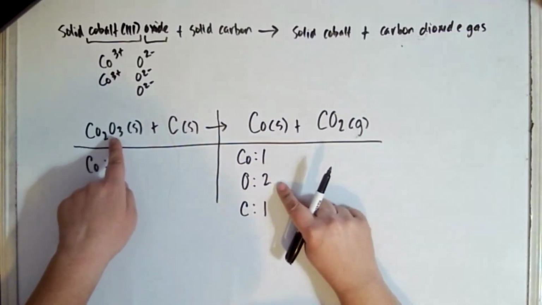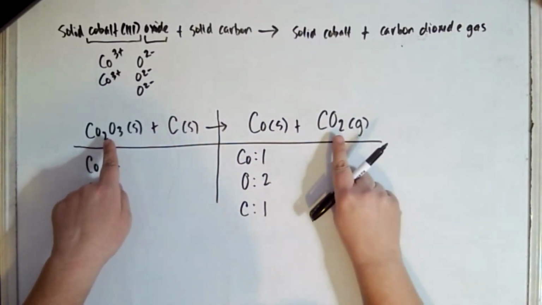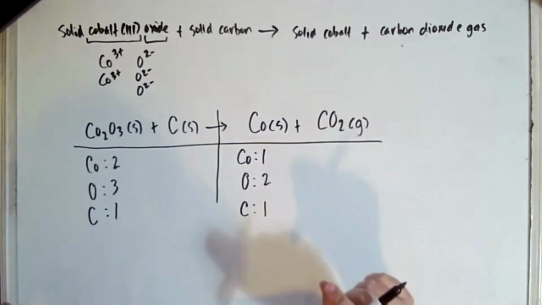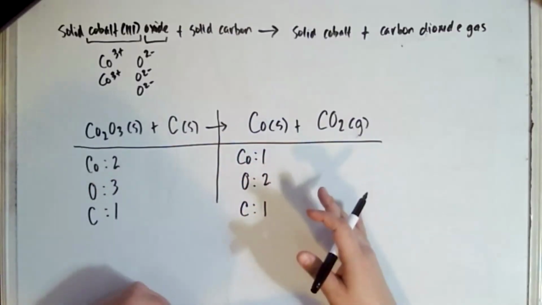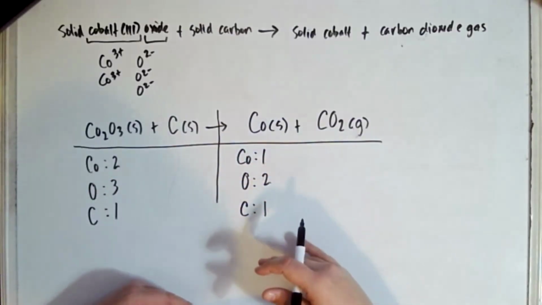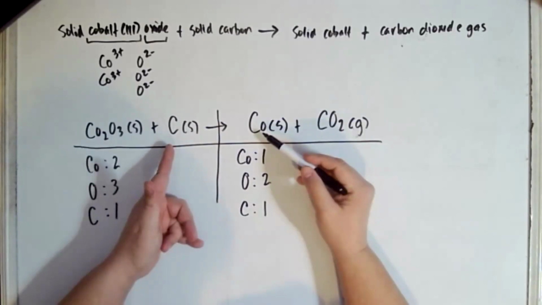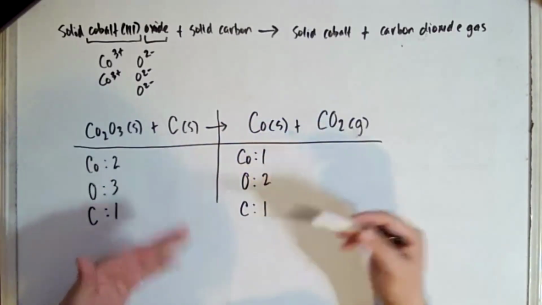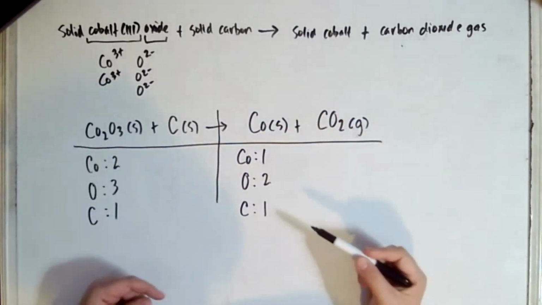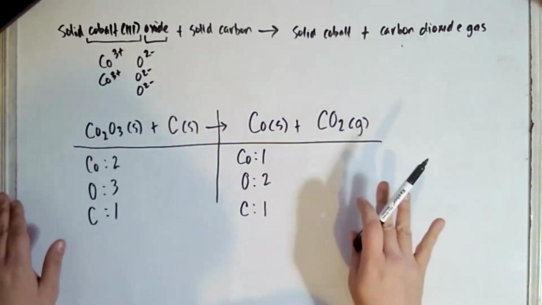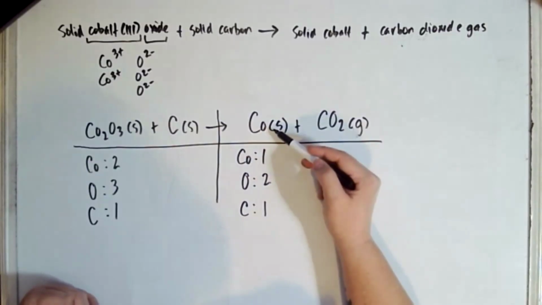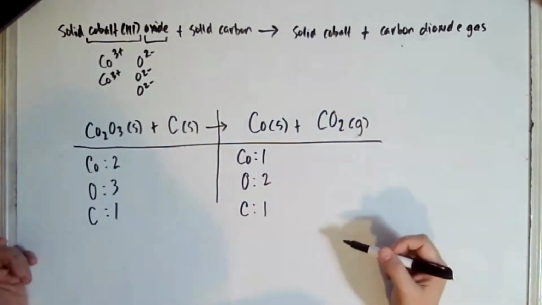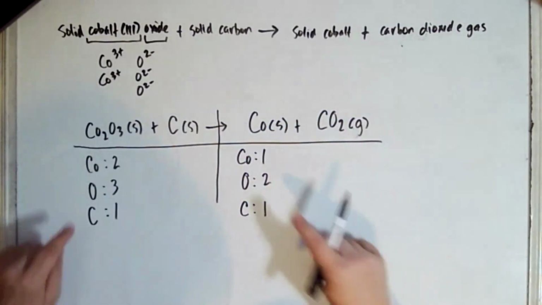Our oxygen is part of a compound here, and it's part of a compound here. So we're going to balance our oxygen first, and then we're going to balance the carbon and the cobalt second, because any change we make to the carbon and the cobalt, we might have to make more changes to balance the oxygen. So if we get the oxygen out of the way, then it'll be easier at the end to balance the free elements that are left over.